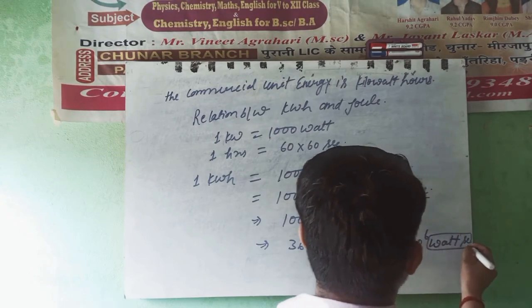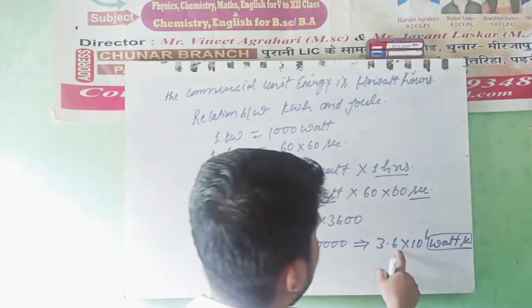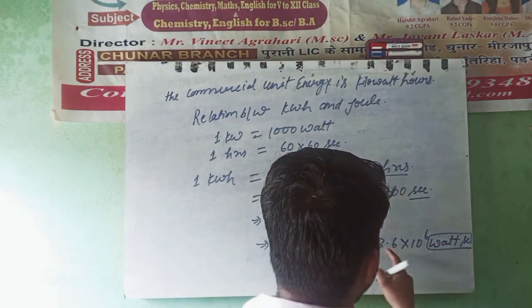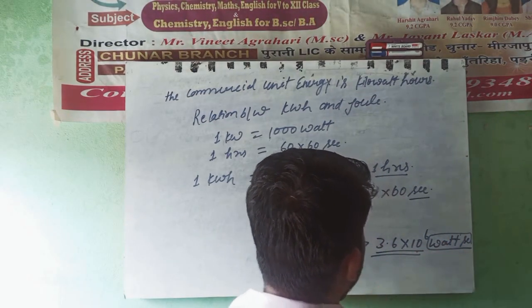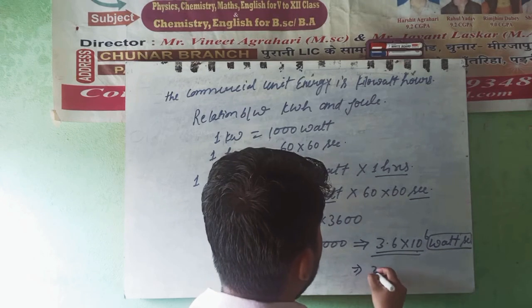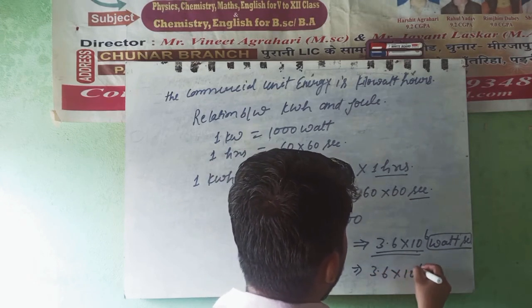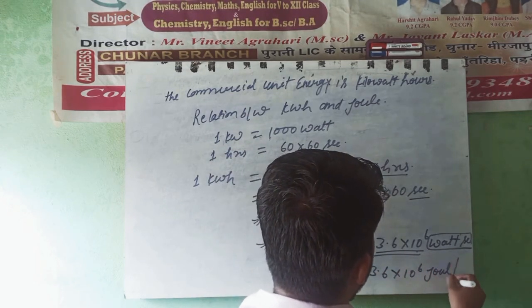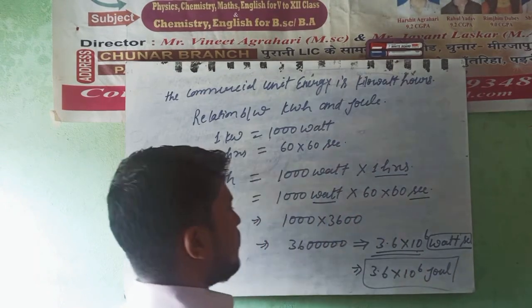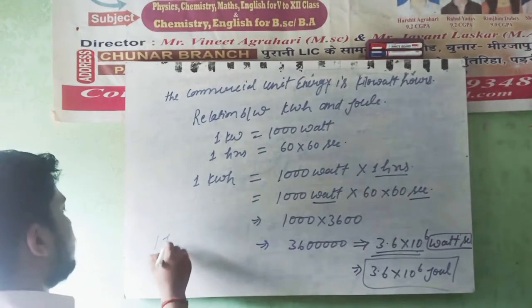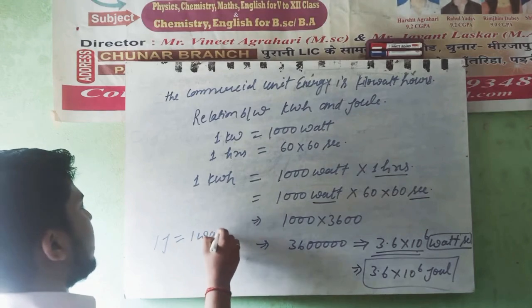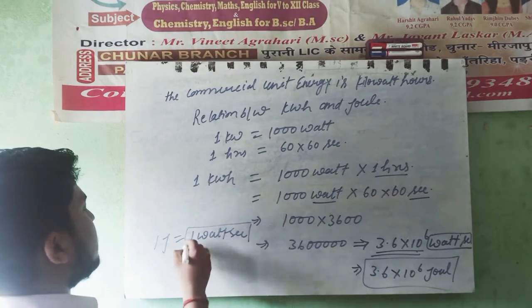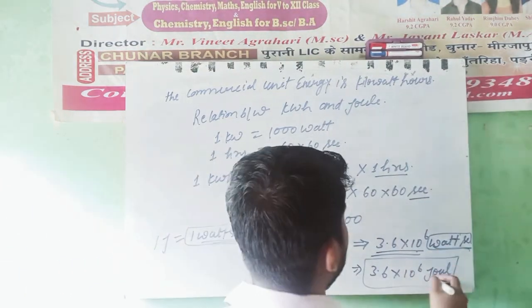And we know that 1 joule is equal to 1 watt second. Then how much can we write this watt second as? 3.6 into 10 to the power 6 joule. Because, as I wrote earlier, 1 joule is equal to 1 watt second, so in place of watt second we can write joule also.